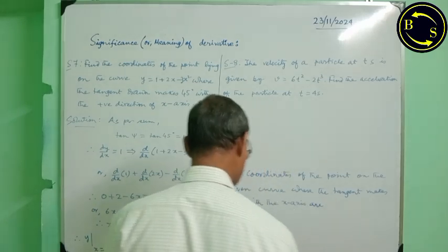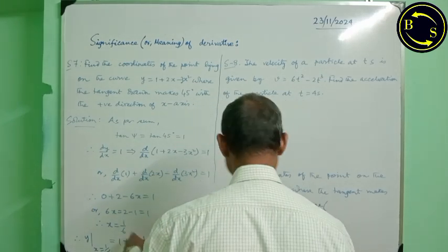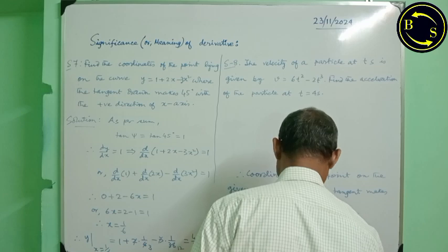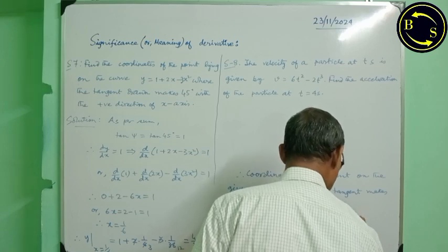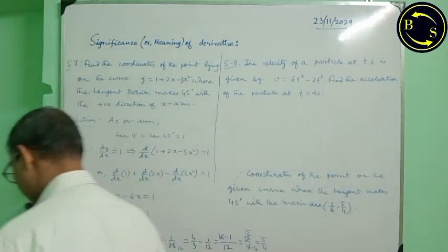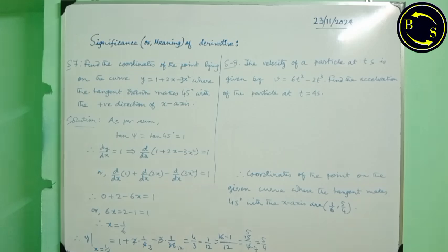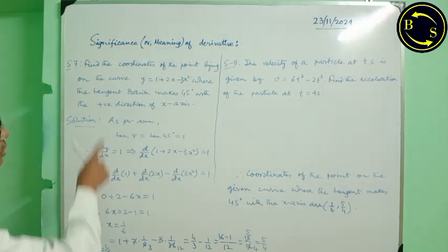Or 1 by 6, 5 by 4. Therefore, the sum is solved.